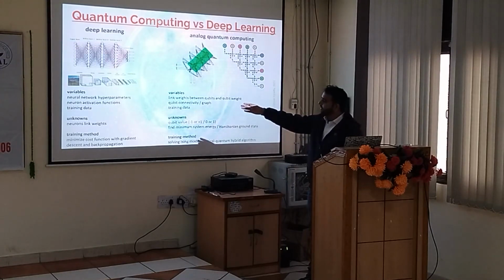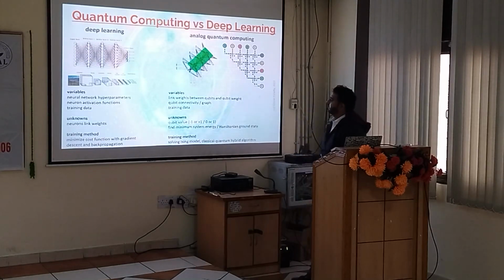The variables in deep learning are the neural network hyperparameters and activation functions. On the right side we have links, how one qubit is linked to another, the qubit weights, the training data, and again the variables, how the training is done for each of them. This is just illustrative; I tried to map deep learning to quantum computing.